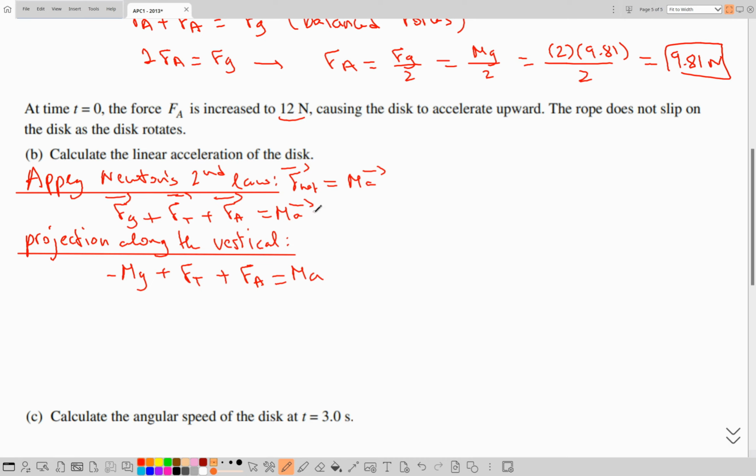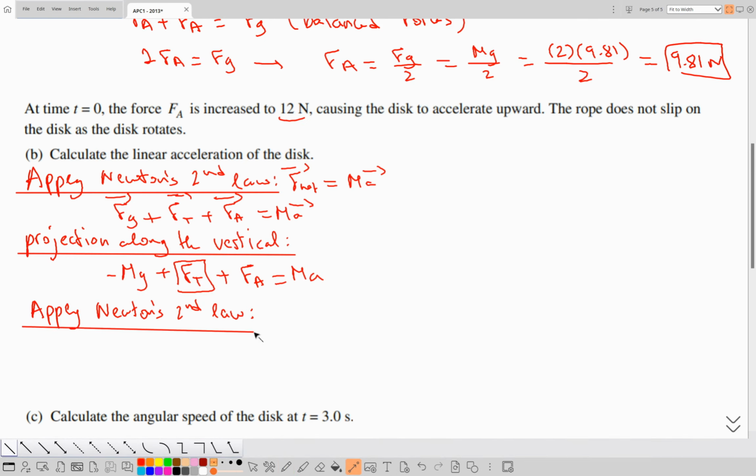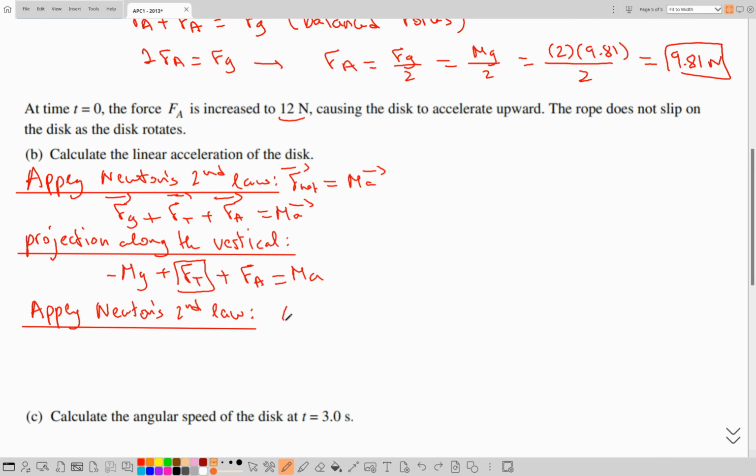In order to calculate the linear acceleration, and notice that they told us calculate, not derive, so we need to determine the numerical value. We need to find the tension, and this can be determined again by referring to Newton's second law, but now for rotation. Let me apply Newton's second law, which states that net torque is equal to I multiplied by alpha.